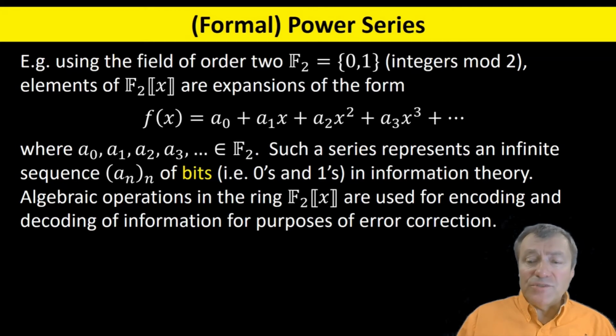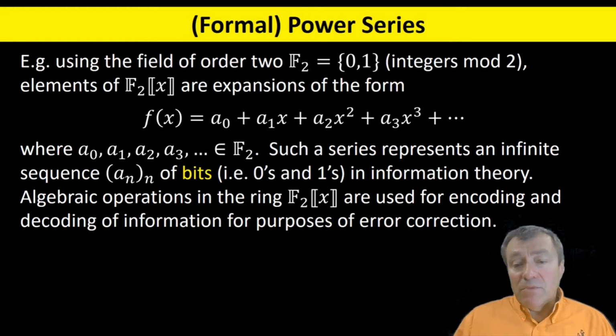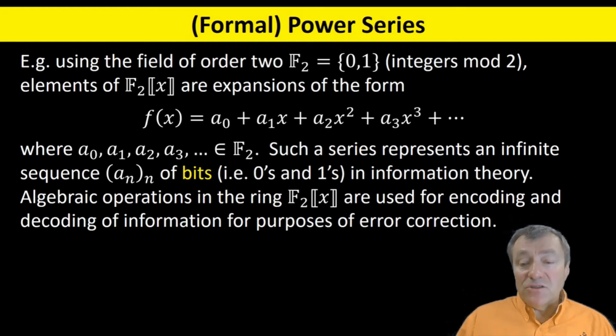And why would you introduce this ring structure for something like a video feed from a camera? Because we process digital information in many ways, such as compression, decompression, encryption, encoding using error-correcting codes. So these are processes all making use of algebraic operations from inside the ring.